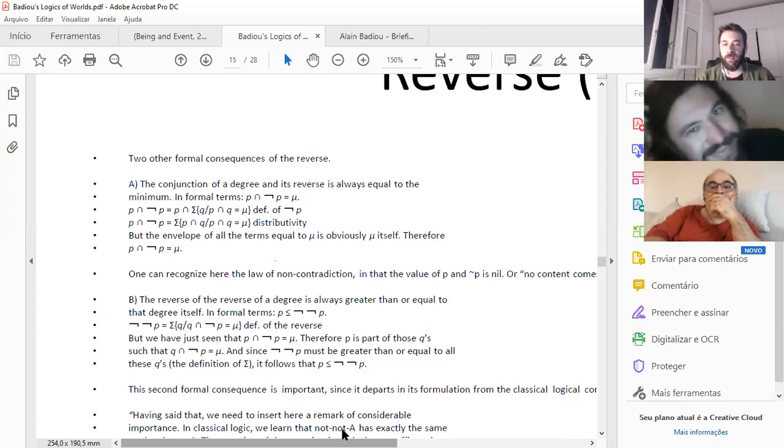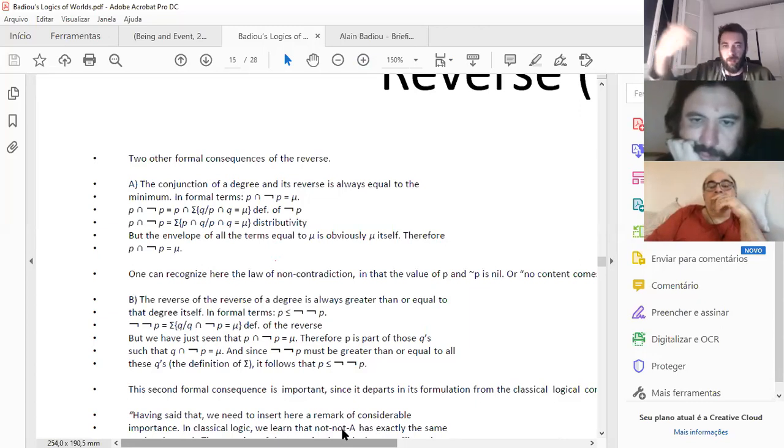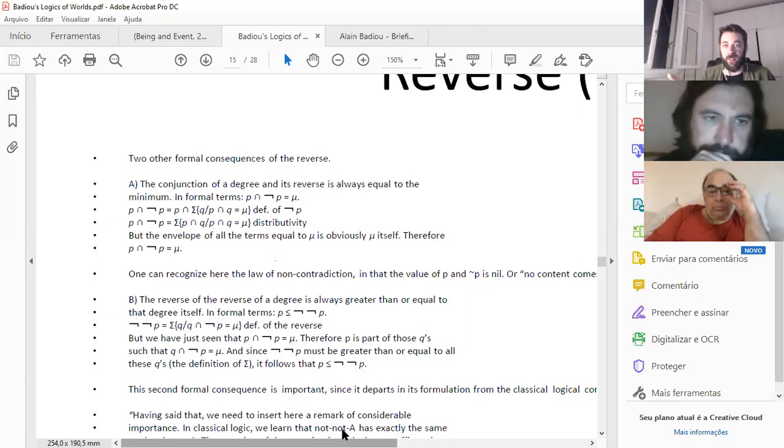There is the relation between synthesis and negation, which was important for Hegel, the complex dialectics between negating something and getting the totality of what you negated. You preserve this even if you don't assume it as a primitive, because if you decompose the reverse into conjunction and envelope, you get the envelope of everything that has a nil degree of conjunction with the thing being negated, right?